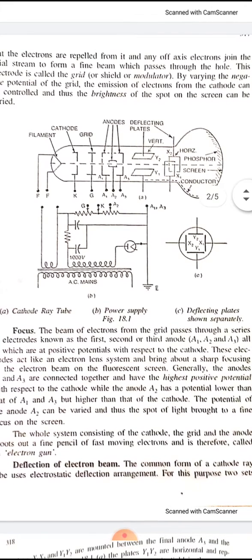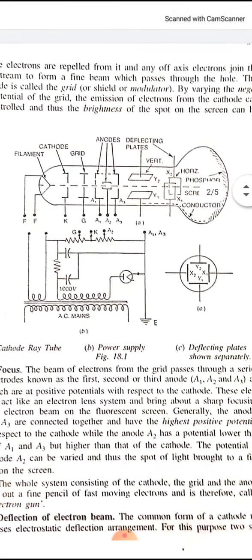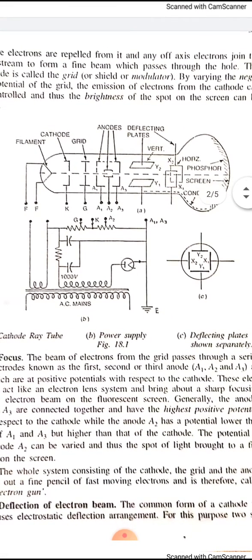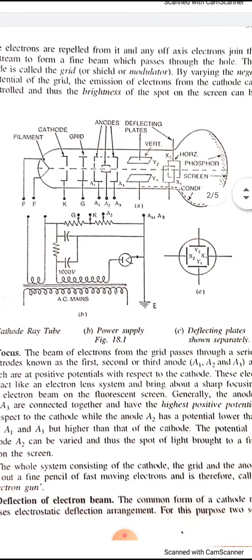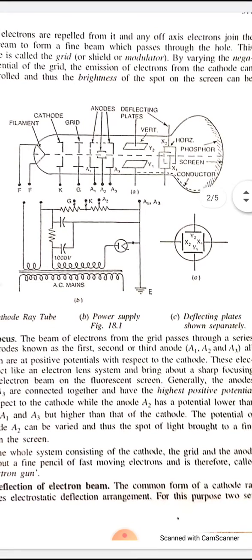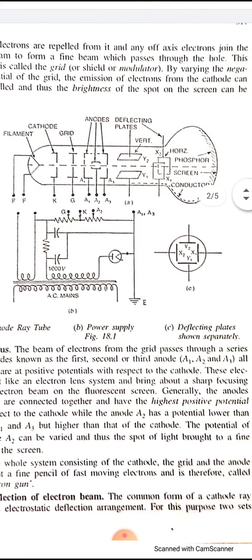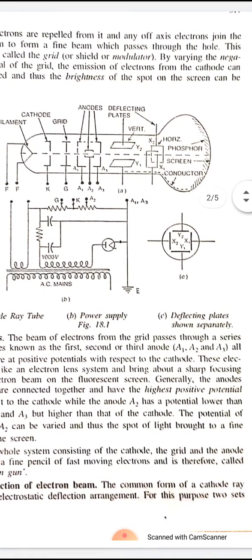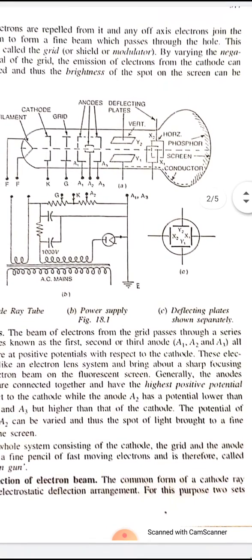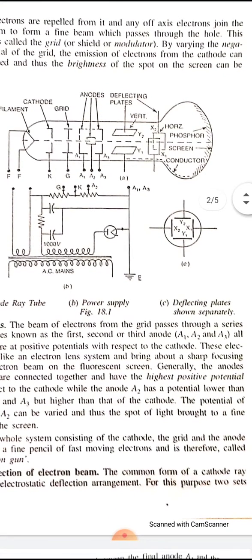As shown in this diagram, the plates Y1, Y2 are horizontal and represent a parallel plate capacitor in which an electric field in the vertical Y direction is set up when a potential difference is applied to the plates, thereby causing the electron beam to move up and down according to the polarity of the plates.